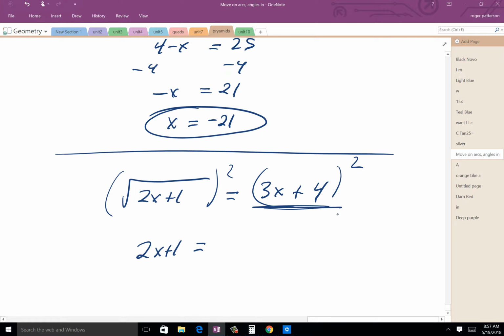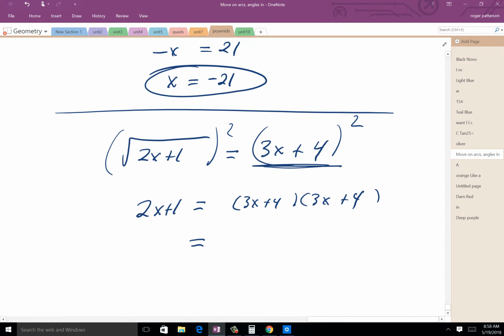But this is 3x plus 4 squared, so we actually have to FOIL that out. So 9x squared, 12, so that's 24, so that's 16.